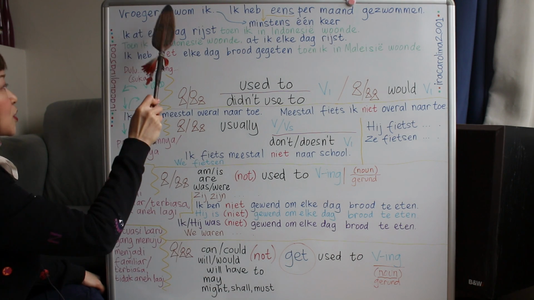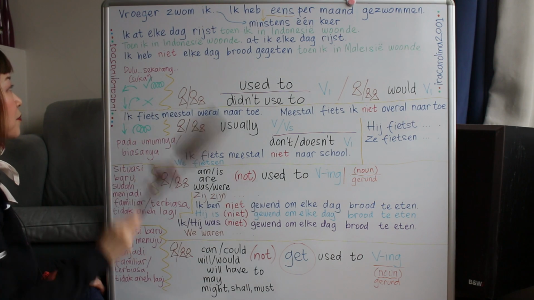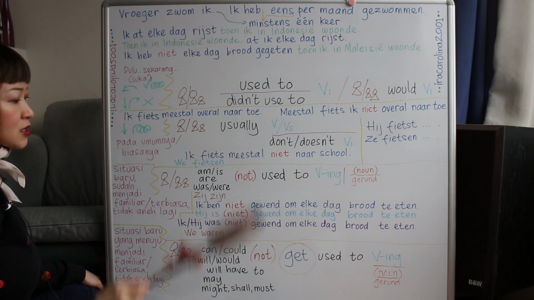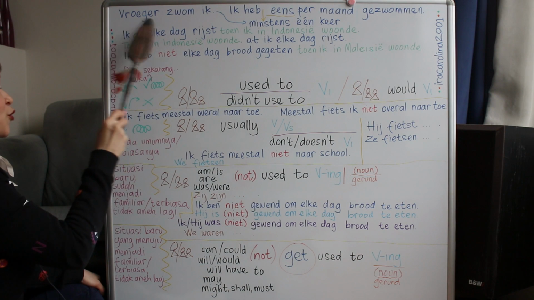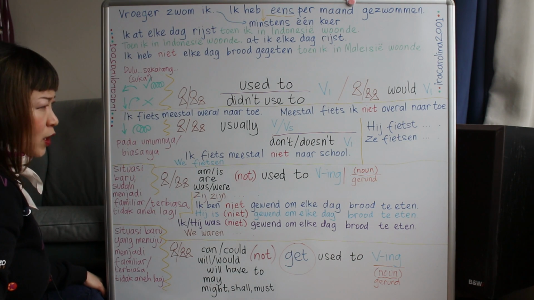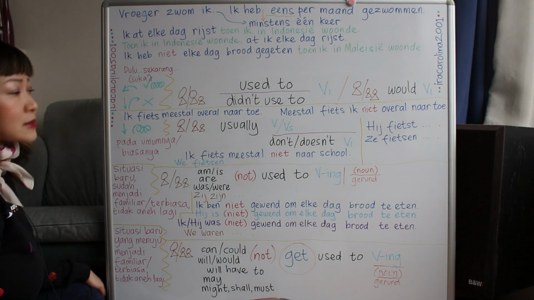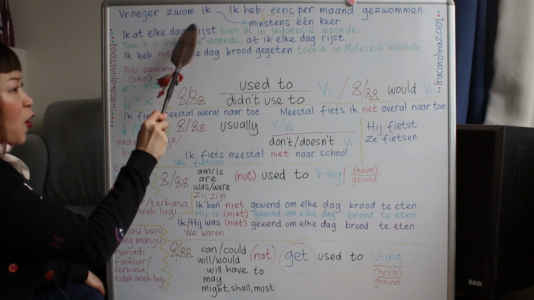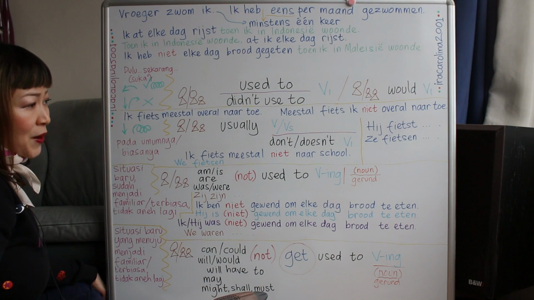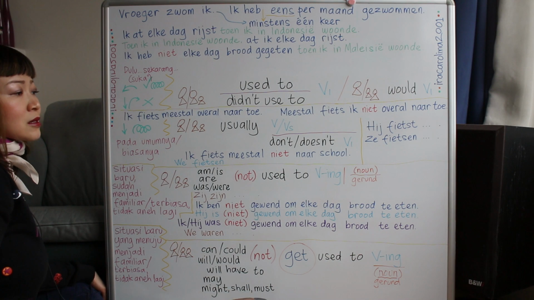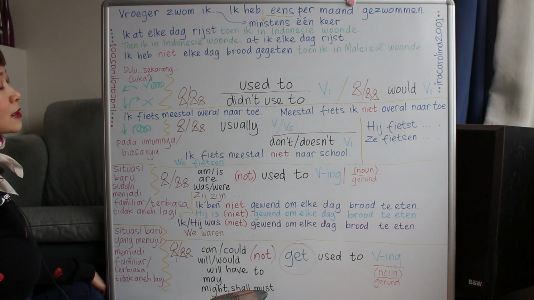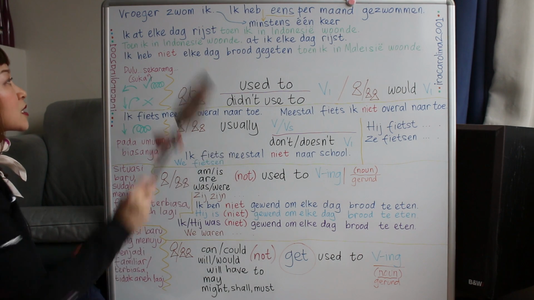Vroeger zwom ik. Vroeg is early. Vroeger is before or in the past. Zwom is from zwem, zwemmen, swim, swimming. The past version for it is zwom.